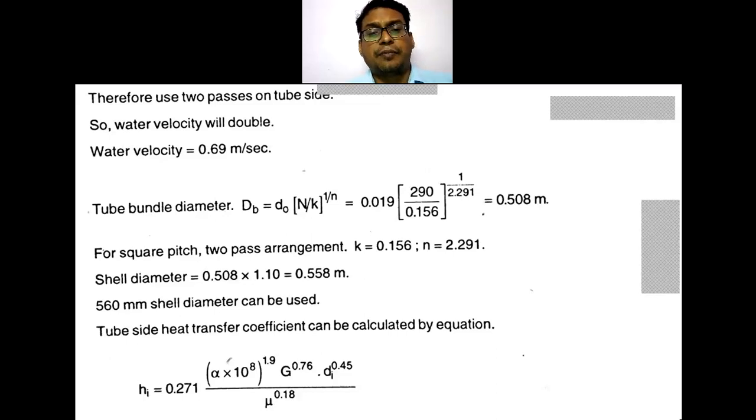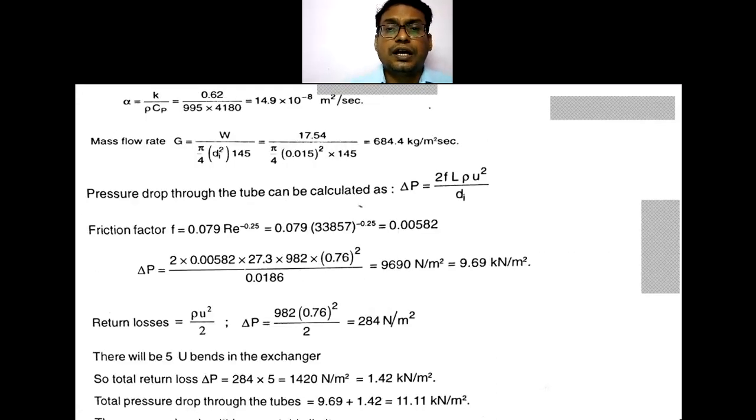So 560 mm shell diameter can be used. Then next is the calculation of the heat transfer coefficient. In this numerical, a different relationship has been mentioned other than our standard Dittus-Boelter equation. So this is to be used to calculate the hi.